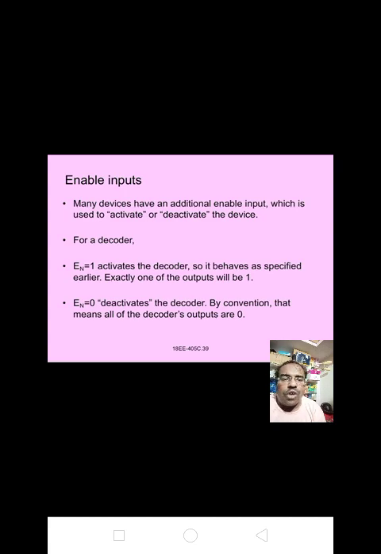Exactly one of the outputs will be 1. Enable equal to 0 deactivates the decoder by convention, that means all of the decoder outputs are 0.